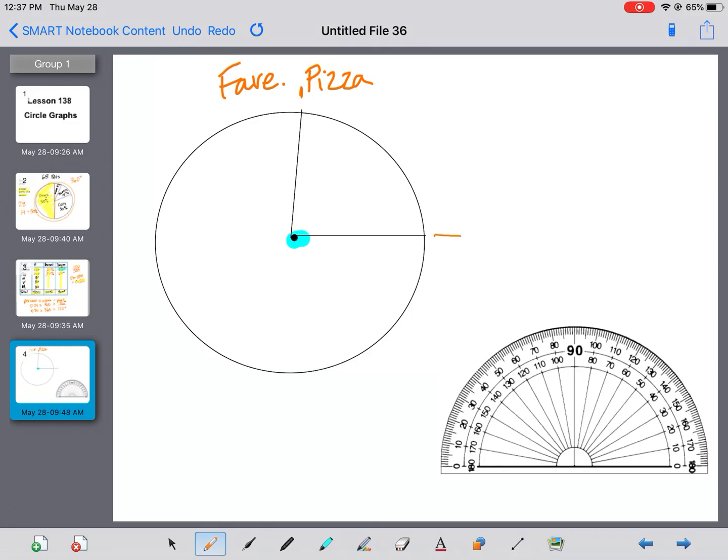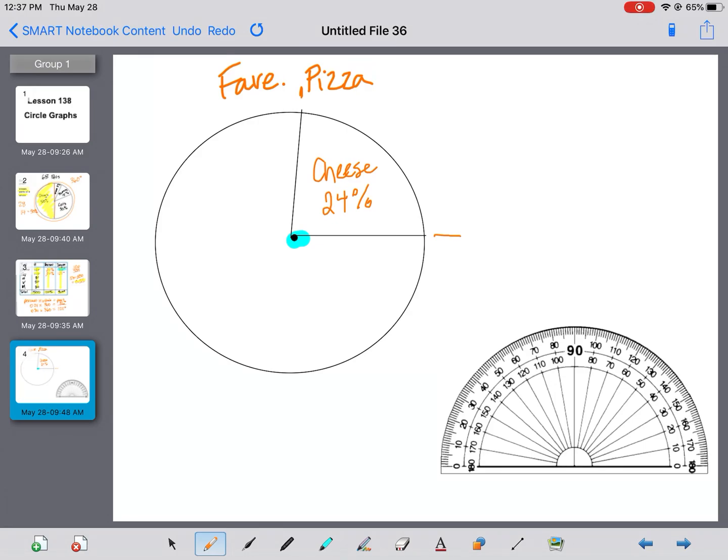And then this section you need to label as cheese, and not 86 degrees, that's the size of the section, but 24% of people preferred cheese.